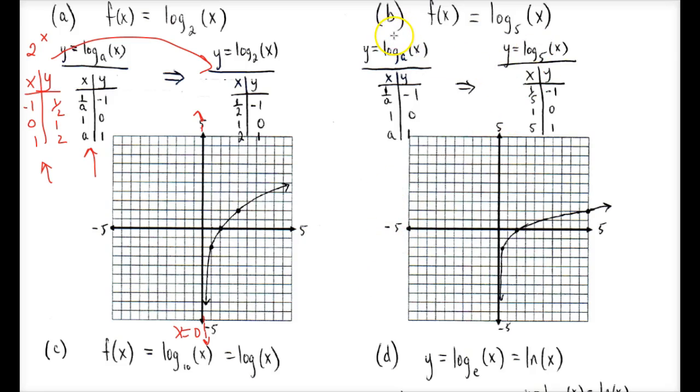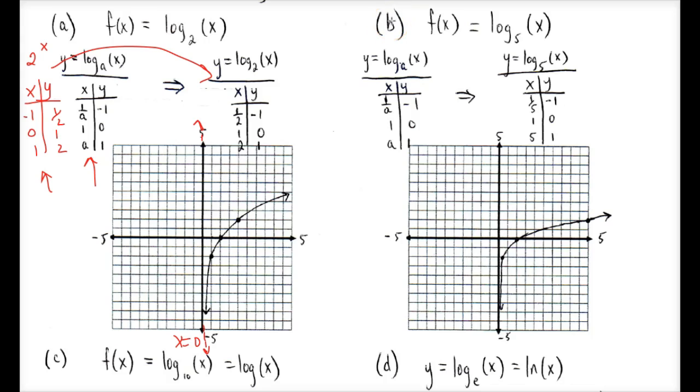All right, similarly, for example B here, we see log base 5 of x. Of course, if we wanted to figure out what the key points of 5 raised to the x were, we would just do these and then flip these to get the ones for the logarithm. Same kind of deal though.